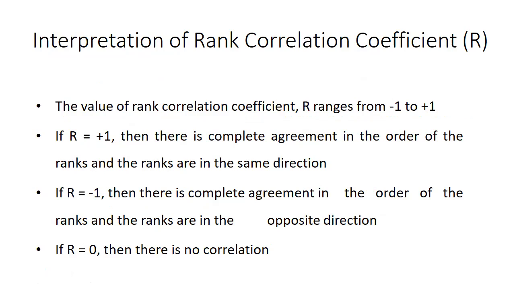The value of rank correlation coefficient ranges from -1 to +1, same as the Karl Pearson coefficient of correlation. If R equal to 1, there is complete agreement in the order of the ranks, and the ranks are in the same direction. If R equal to -1, there is complete agreement in the order of the ranks, but the ranks are in opposite directions. And R equal to 0 means there is no correlation between the two.